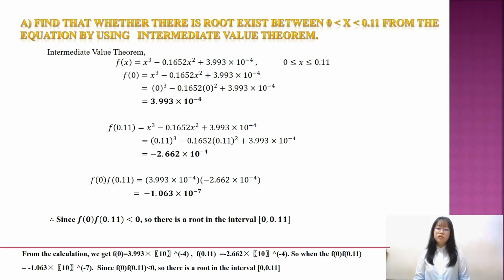So f(0) times f(0.11) is equal to negative 1.063 times 10 to the power of negative 7. Since f(0) times f(0.11) is less than 0, there is a root in the interval between 0 and 0.11.